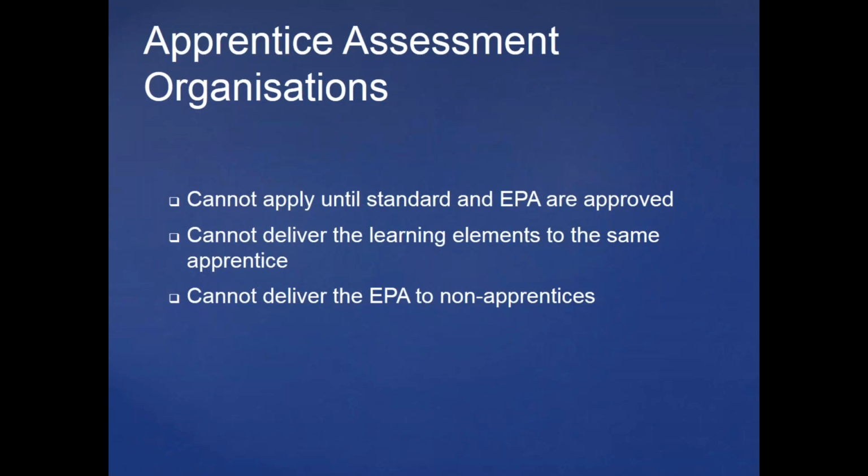I think importantly, in terms of your delivery times, or all of our delivery times, we can't actually apply the standard and the EPA until they're approved. Now, when the standard is finally approved by the IOA, that will actually go up on the gov.uk website as a standard.